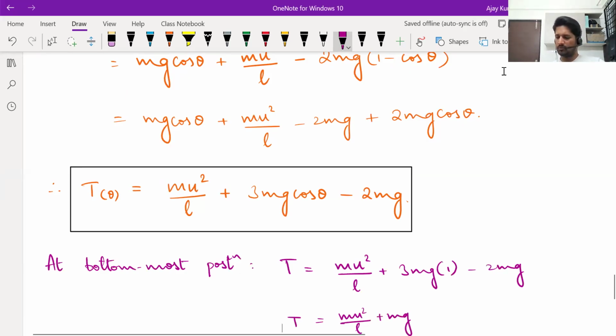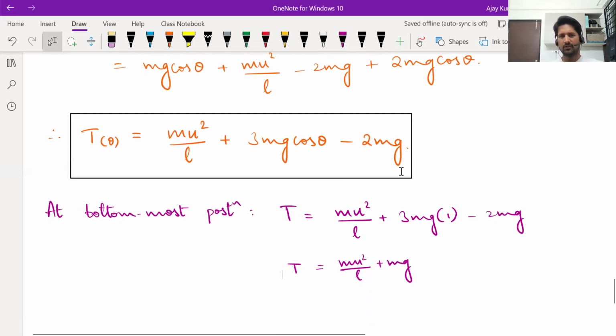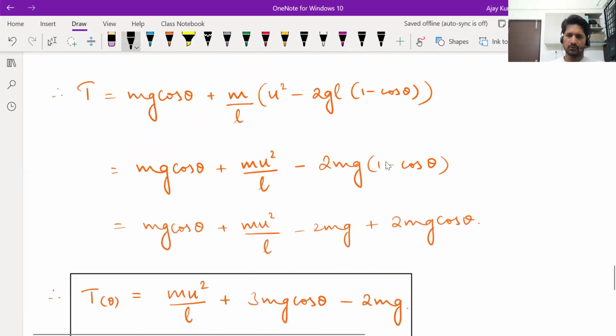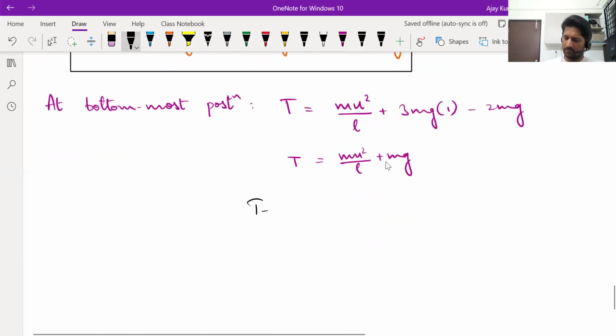That's the tension at the bottommost position. You can tell that without using this equation also. At the bottommost position, tension acts upwards, mg acts downwards. So you can directly say T minus mg is mv square by r. So it becomes T minus mg is equal to mu square by L. You get T is mu square by L plus mg. Same thing.